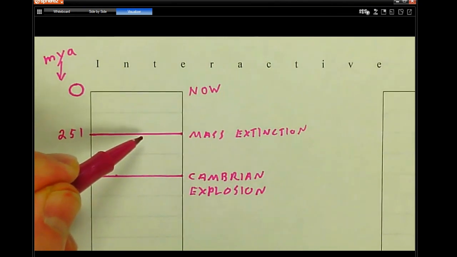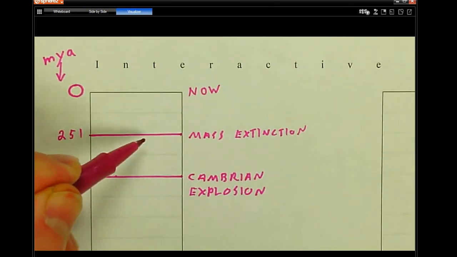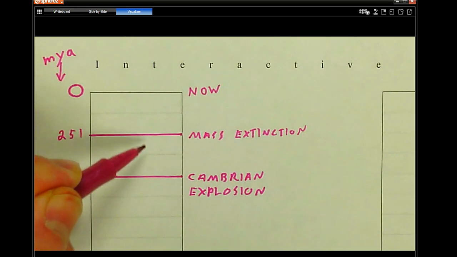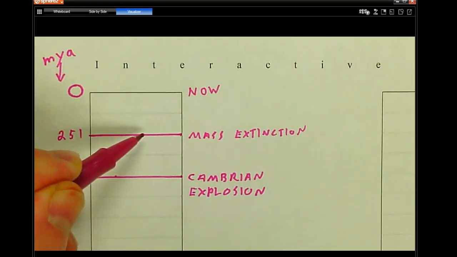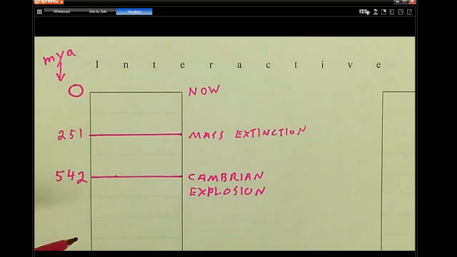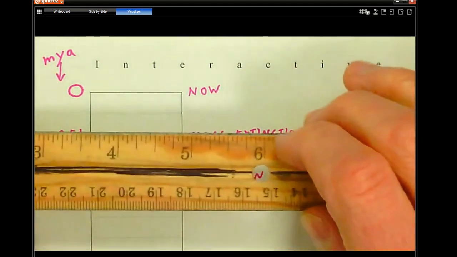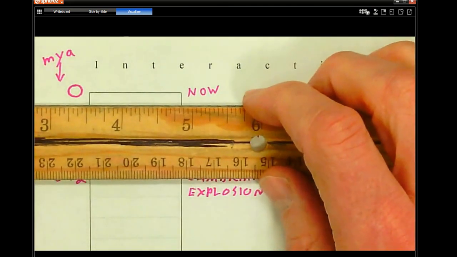An example of this might be the trilobites. We find trilobites in the fossils and these rocks of this age, but then we don't find any trilobites after that line. The other mass extinction, and the one that we started talking about, was the mass extinction of the dinosaurs. That happened 65 million years ago. That would show up on our chart about halfway.